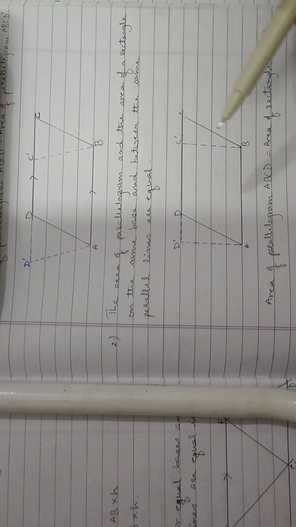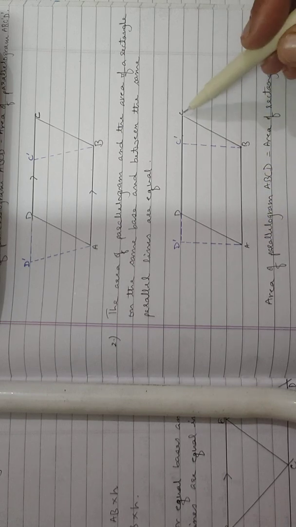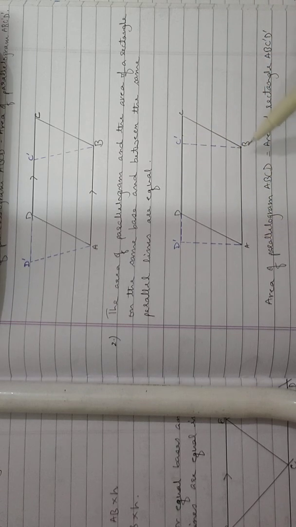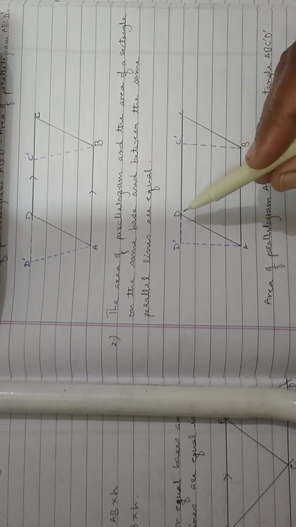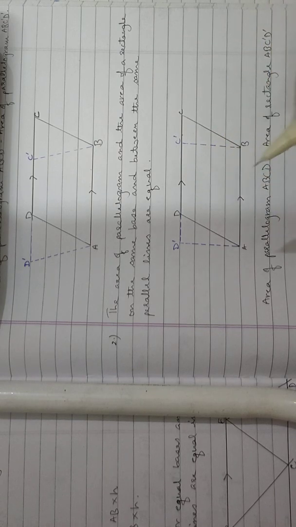So one interesting thing that you are going to find is that in both the quadrilaterals, in the parallelogram A, B, C, D and in the rectangle A, B, C dash, D dash, the base AB is common, it's the same. And one more thing, that is the parallelogram ABCD is lying between the parallel lines AB and CD.